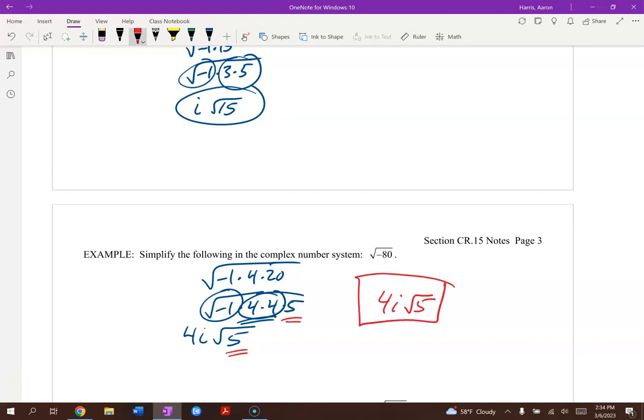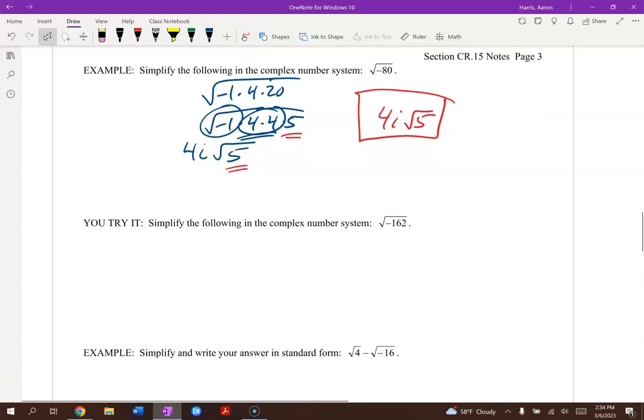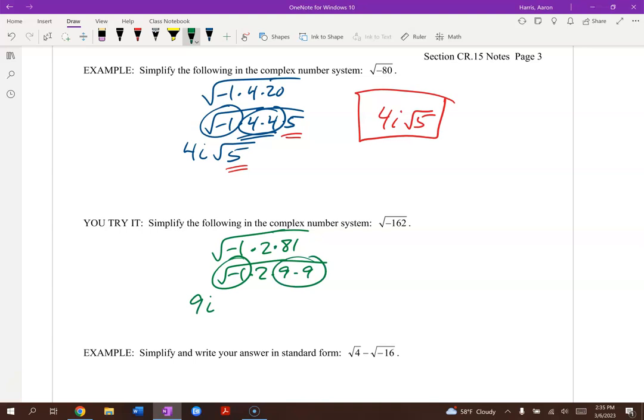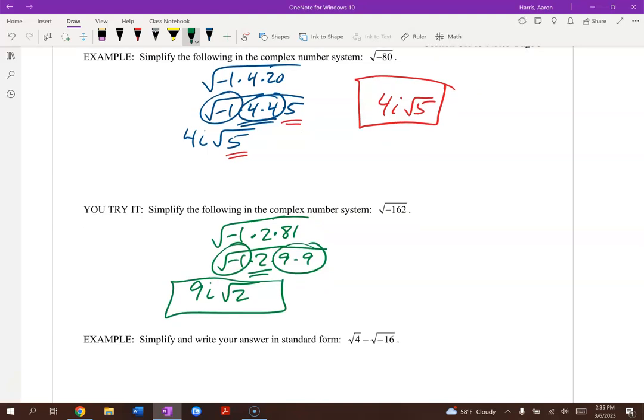That's the square root of -80. Square root of -162. Keep going with these. So I have -1 times, let's see, 2 times 81. Square root of -1 is i. Square root of 81 is a 9. I'm left over with a 2 underneath, so 9i root 2 on that, right?